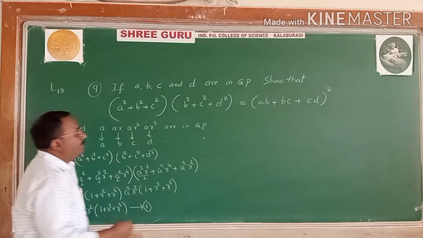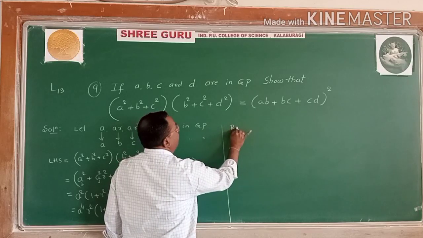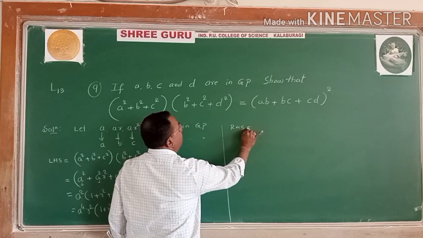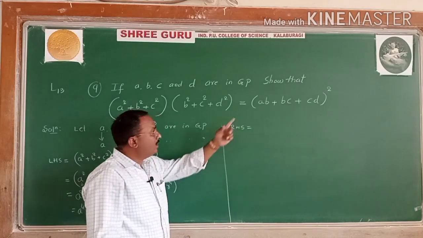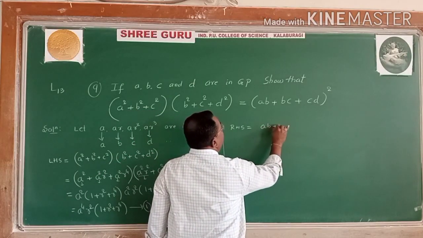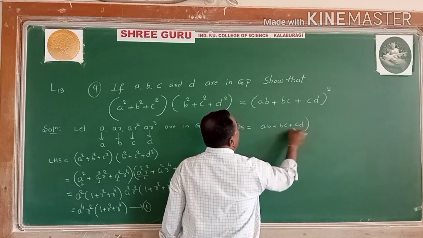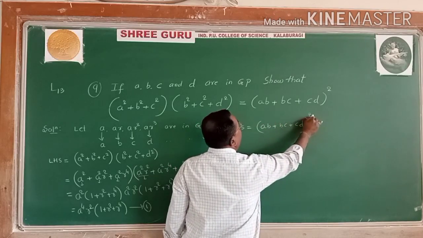On the RHS side, verify. RHS is equal to ab plus bc plus cd whole square.